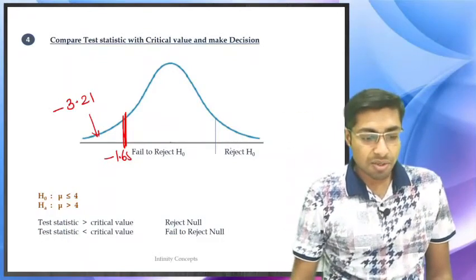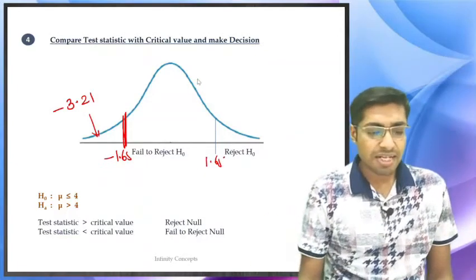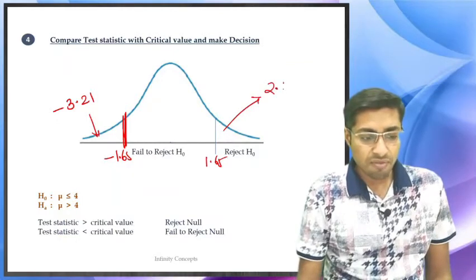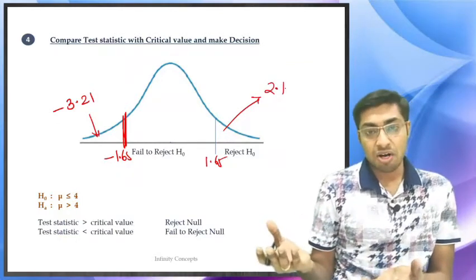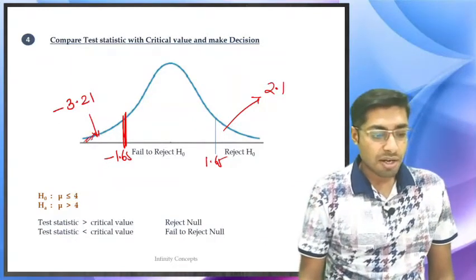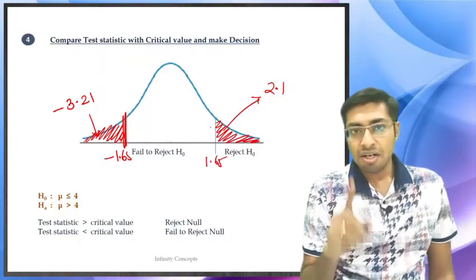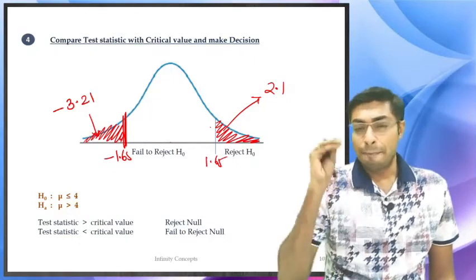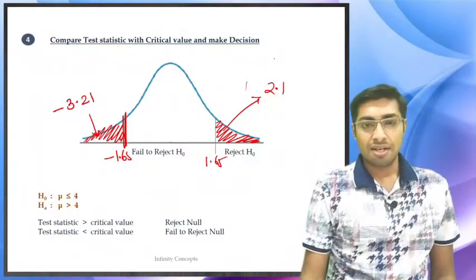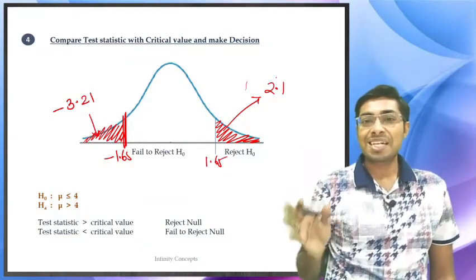Or say for example, if this is 1.65 and it was a two-tail test, on the right of 1.65, say 2.1 is the test statistic you have got, then in this particular case we are going to reject the null hypothesis. Remember, rejecting the null hypothesis is a blessing. It's a very good thing. You are very happy when you reject the null hypothesis. Correct? This is what hypothesis testing is.